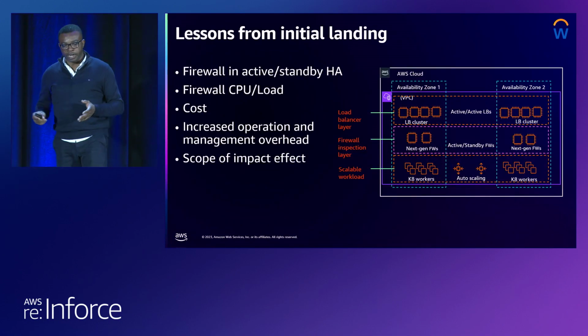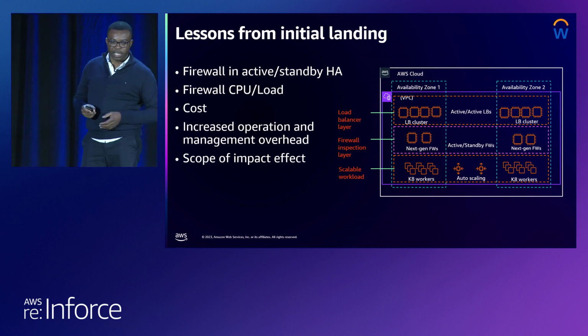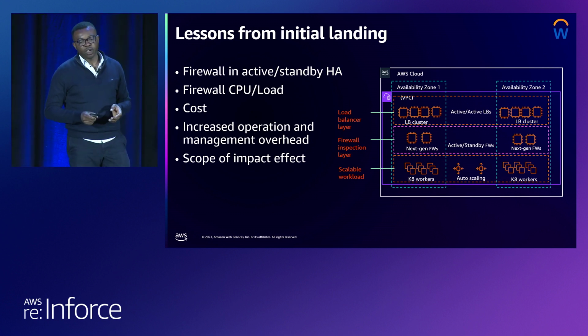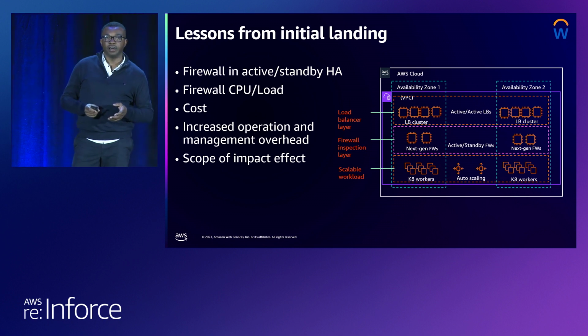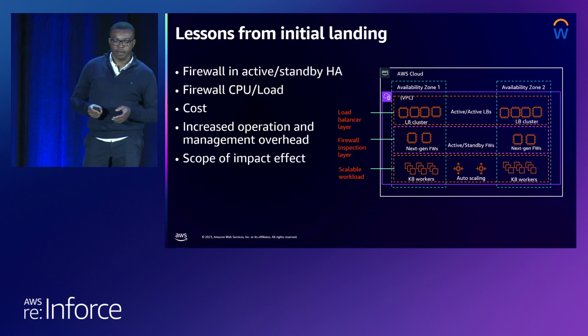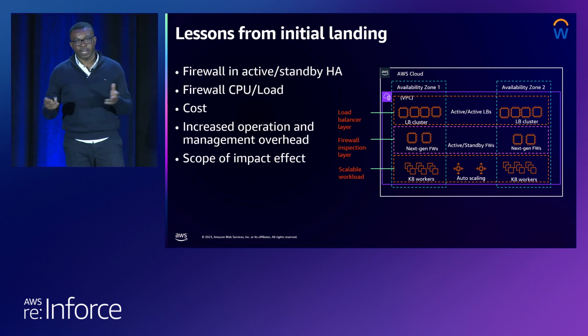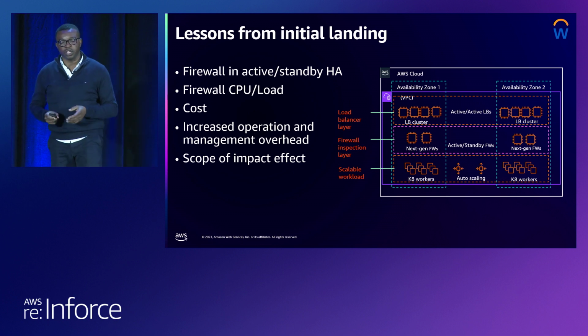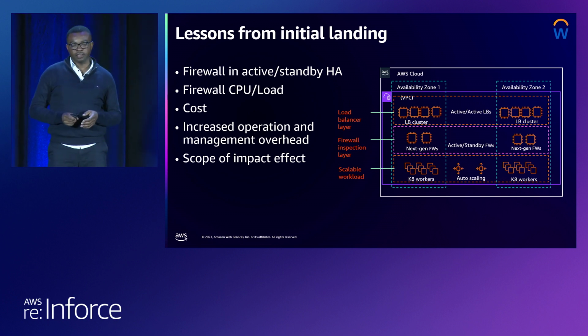So our design looked more like what you're looking at on the screen. At the upper layer, we had VM load balancers in active HA. In the middle layer, we had next-generation firewalls in active standby HA. And beneath that, we had an auto-scaling group of Kubernetes workers.